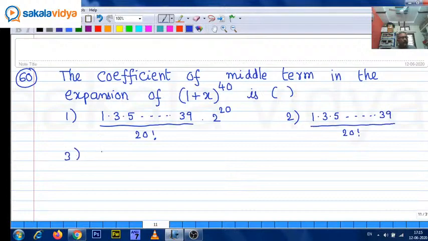Third one: 40 factorial by 20 factorial. Fourth option: 40 factorial into 20 to the power of 20. This is the question.